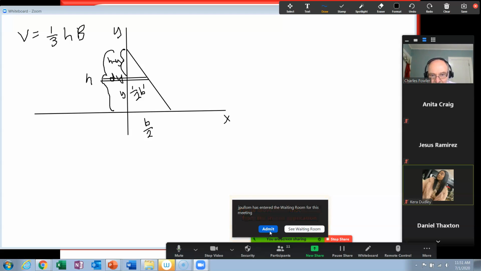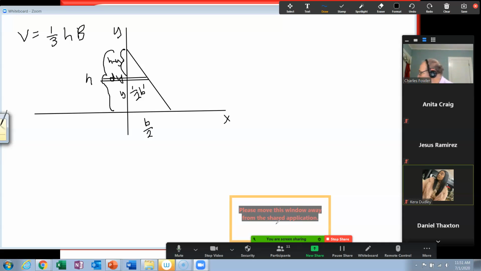Oh, here's Jemanuel coming in too. That time it faded out enough for me to see Jemanuel. Okay, so let me get Jemanuel here. There he is.